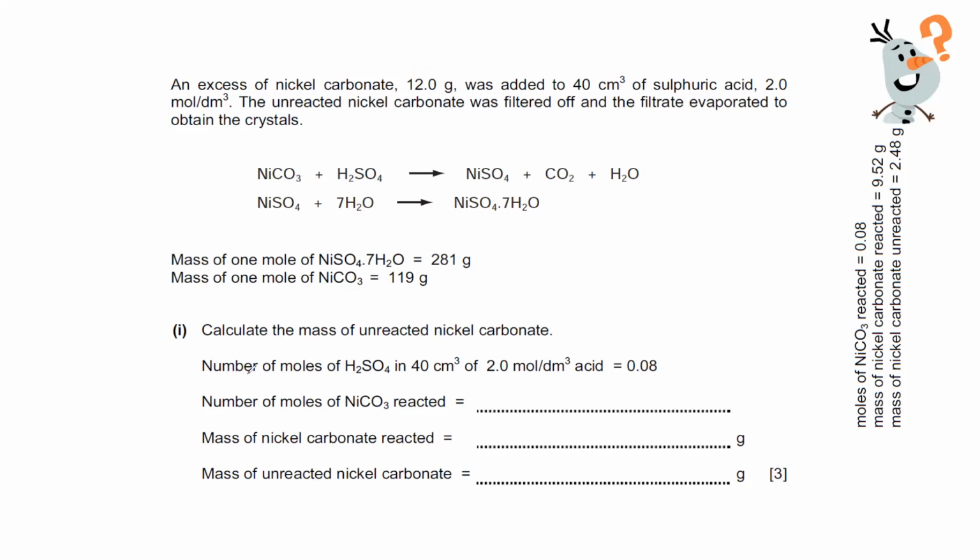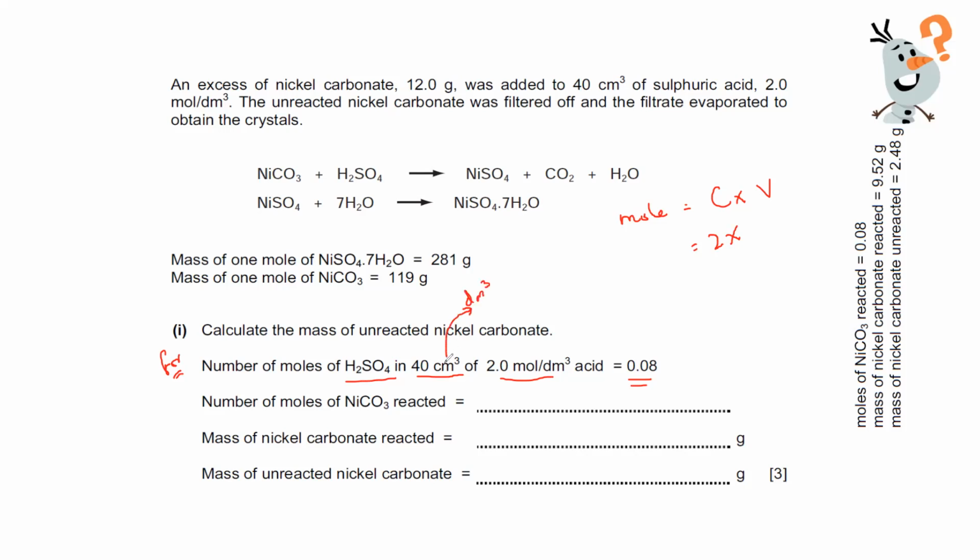The first part, the number of moles of sulfuric acid. The first part they already did for you: in 40 cm cube and 2 mole per dm cube they got 0.08. And how did they solve this one? They use a formula to get the moles. We know moles is equal to concentration times volume. The concentration is 2 and the volume is in cm cube, so you have to convert into dm cube.